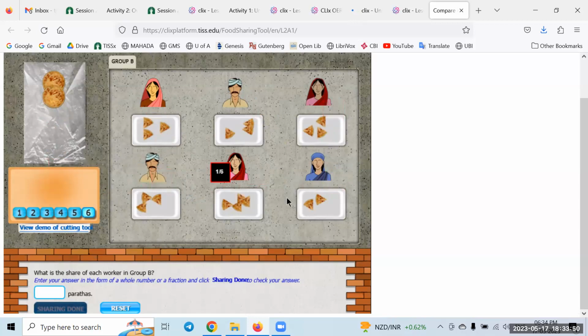As you can see, it is also showing you the unit fraction for each of the paratha. Now you write 5/6 there.